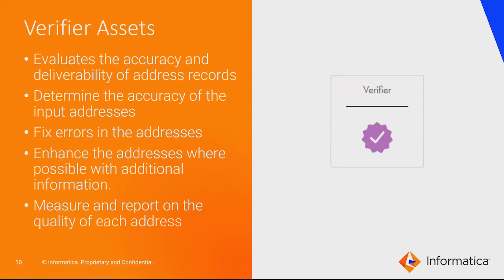If there are any errors, you can fix the errors or enrich the addresses. Those things you can definitely do, and it will also give you a report on the quality of each address, right? And then you can also certify it based on different countries' addresses.